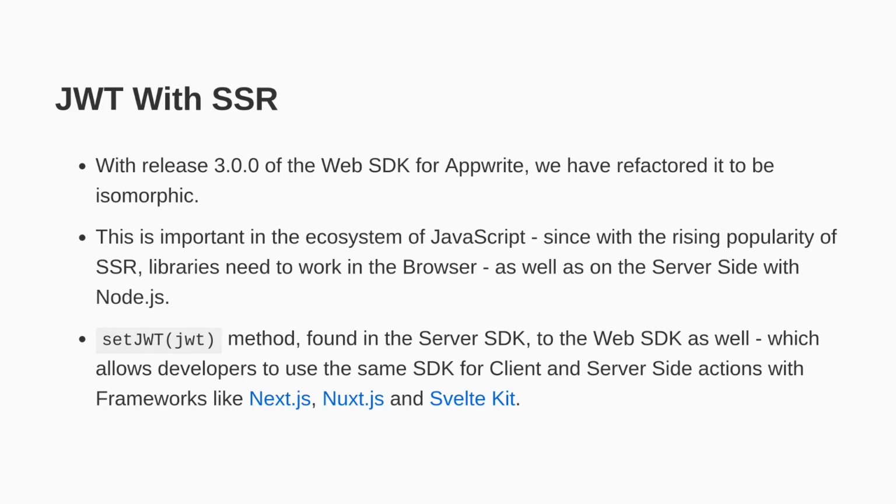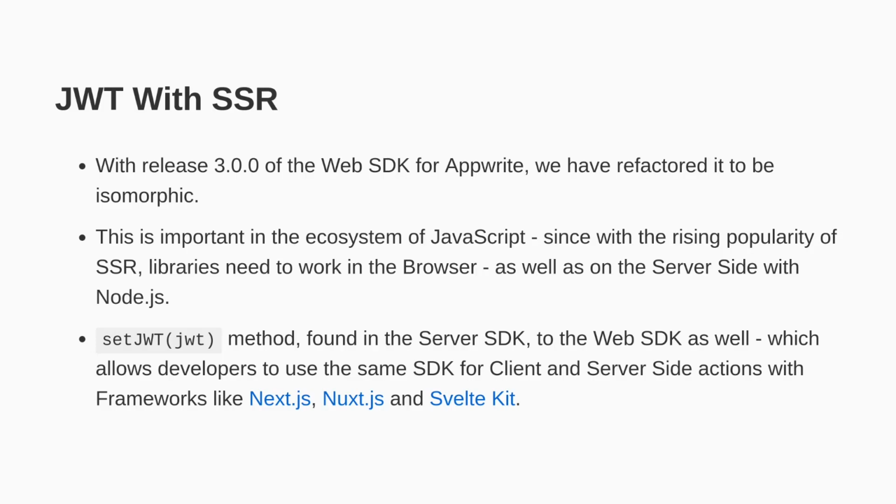Currently on the web, SSR has become a popular choice for various applications. With the release of version 3.0 of the Web SDK for Appwrite, it has been refactored to be isomorphic. This is important for the Appwrite ecosystem because server-side rendered applications are quite popular these days.